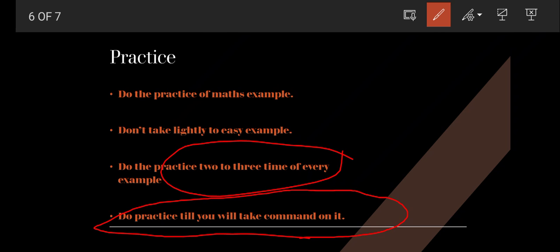So what will happen, it gives you good or better marks in the exam. Why? Because for example, what is the square of 8? 64. If a dull person doesn't know the square of 8 and he is just passing near the chart and reading it, in mind, definitely he will write the square of 8 also in the exam. So that's why I am telling you to do the practice and take command on it.